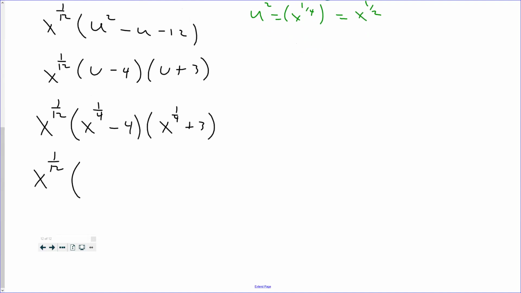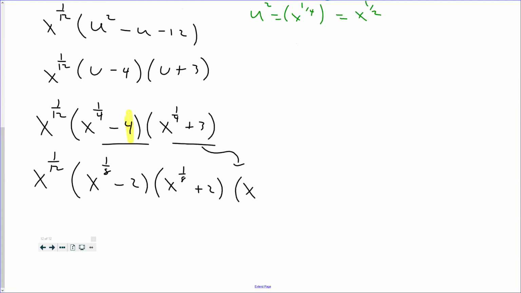And it's x to the 1/12 out front. This right here is a difference of squares. Anytime you see your second number is a perfect square or a perfect cube, that means you can keep factoring it, right? Because this is a difference of squares since 4 is a perfect square. And what you end up getting is x to the 1/8 minus 2, x to the 1/8 plus 2.